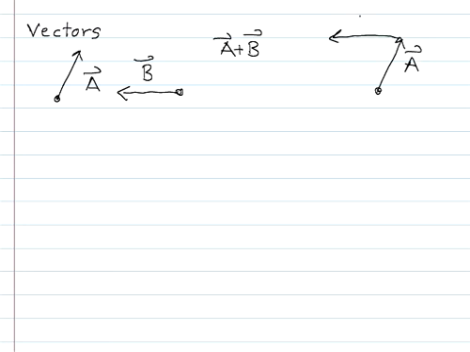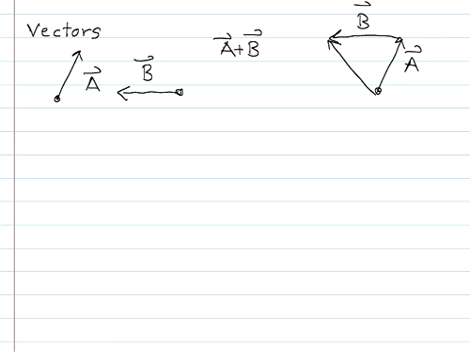So there's the vector B. And then the sum of the two vectors will be the line connecting where you started originally, the beginning of the first vector, to the arrowhead of the second vector. So it'll look like that. So A plus B would be that line that I just drew.